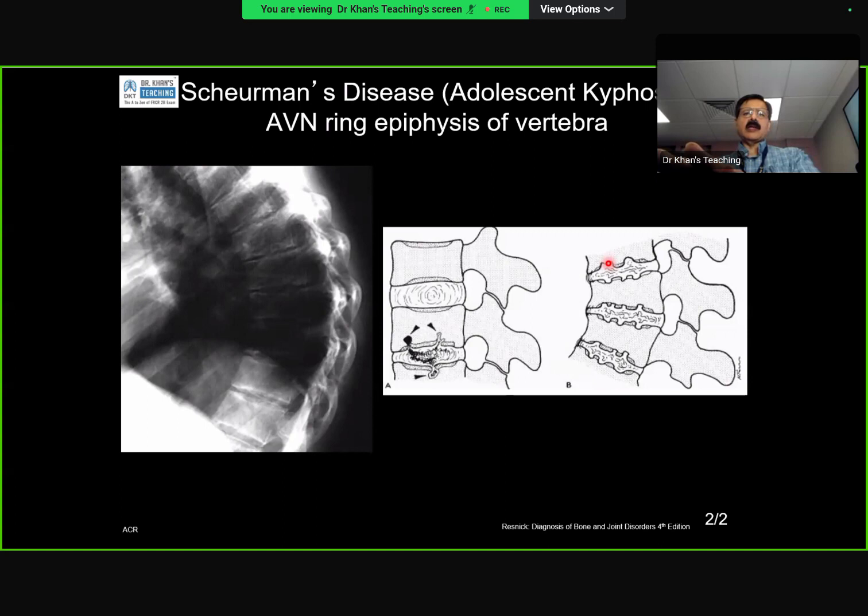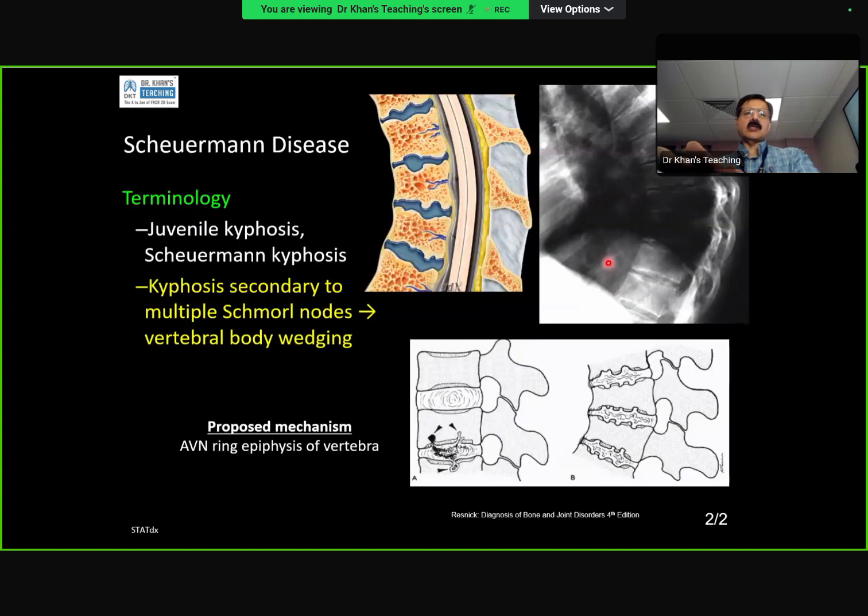So, what is Scheuermann's disease, also known as adolescent kyphosis? The proposed mechanism is that there is avascular necrosis of the ring epiphysis of the vertebra. There is a ring epiphysis at the end plate, and this is also known as juvenile kyphosis, also known as adolescent kyphosis.